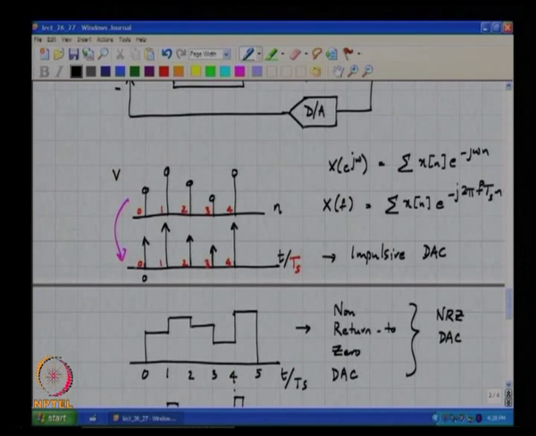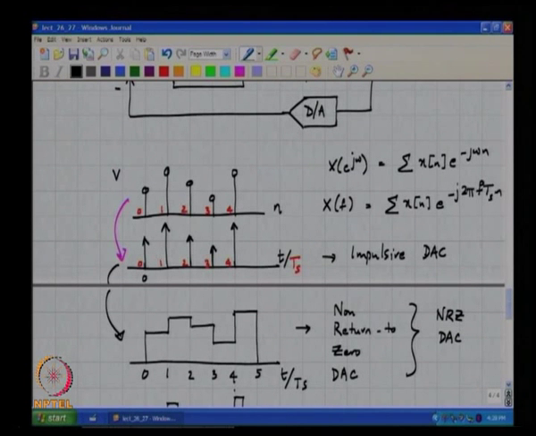Okay. Now, how can you relate the spectrum of this to the spectrum of the NRZ DAC output? Instead of differentiation, it will be integral of that.